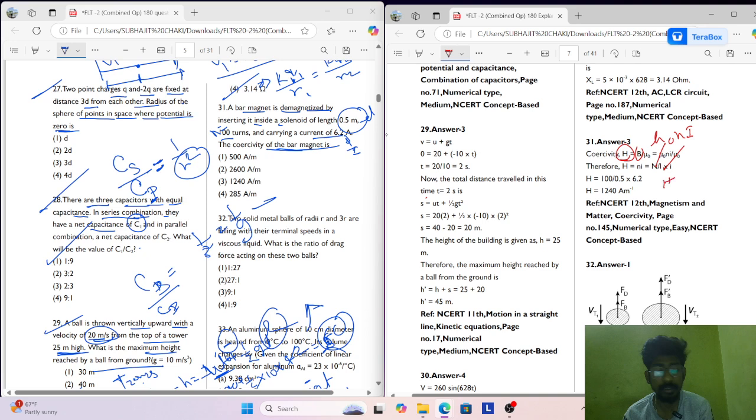So H equals n i. N equals 100, I equals 6.2, and n is the number of turns per unit length, N by L, divided by 0.5. Dividing by 0.5 means multiplying by 2, so 1240.